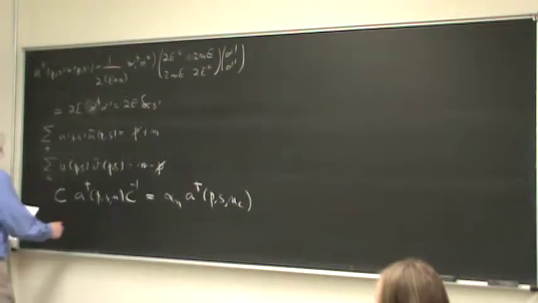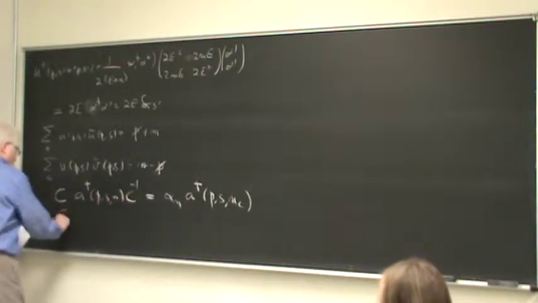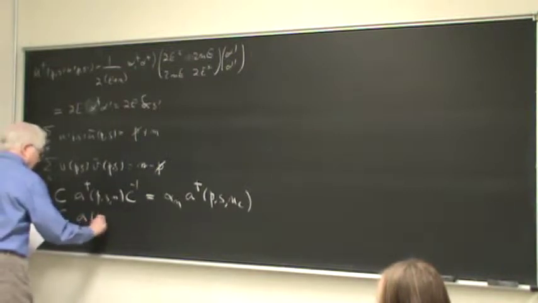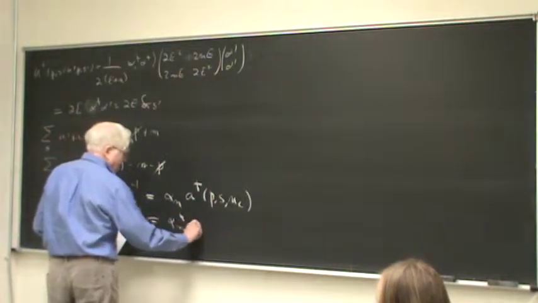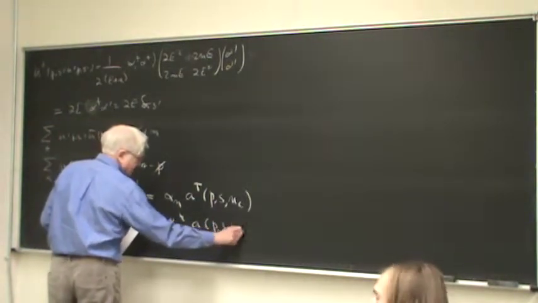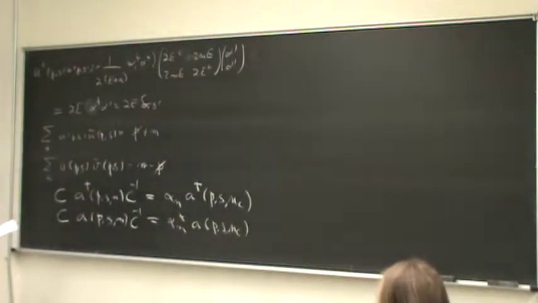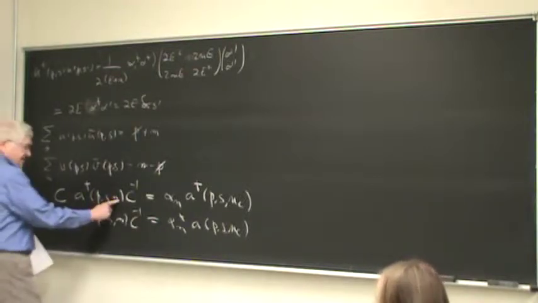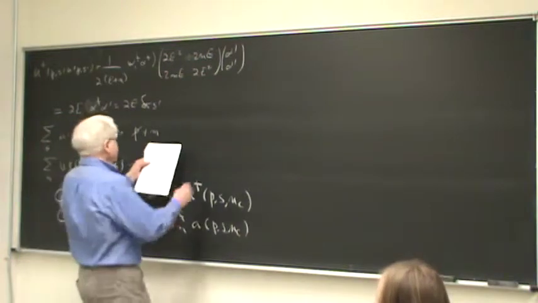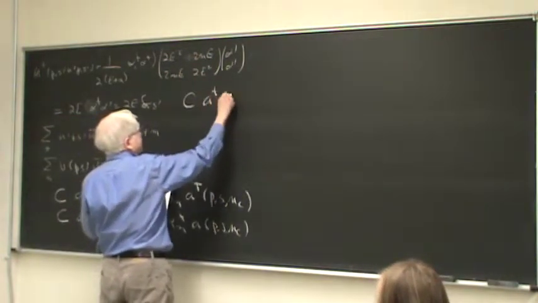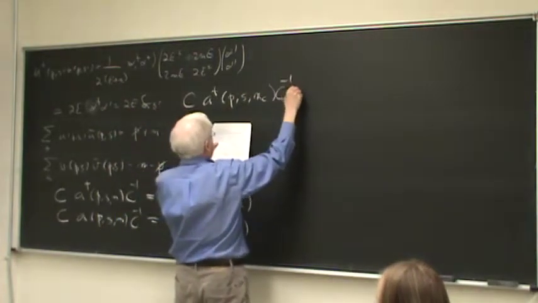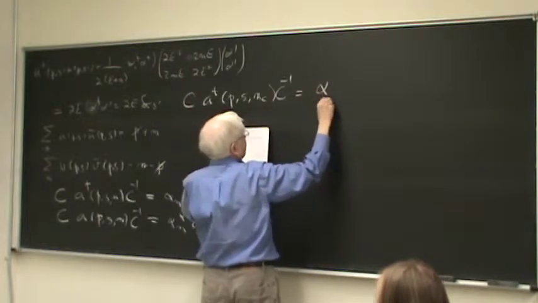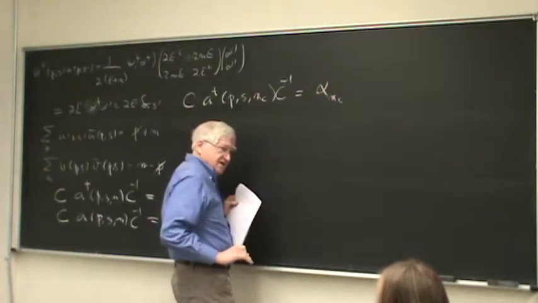Now, if we take the adjoint of this equation, and remember that C is unitary, then this is C A of P S N C inverse is alpha n star A of P S N C. All right. On the other hand, we also have the antiparticle. And how does that behave under charge conjugation? Well, it would be A dagger of P, S, and now the conjugate type, or kind, and now this is the phase factor for the conjugate type.